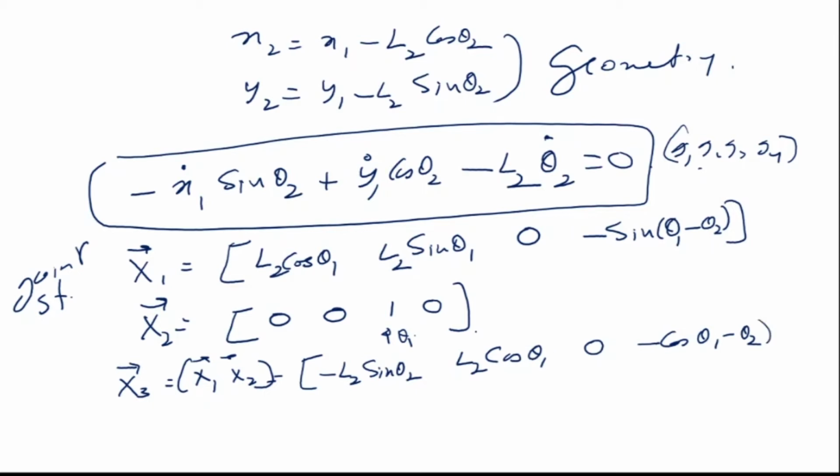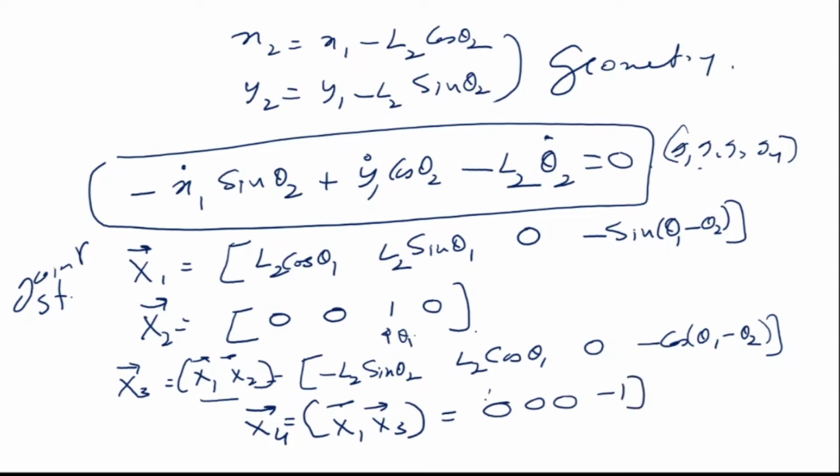I can get another one, x4, if I take the Lie bracket of x1 and x3, and what we get here is 0, 0, 0, minus 1.